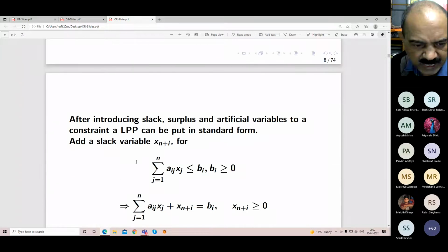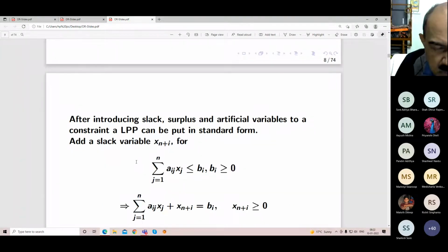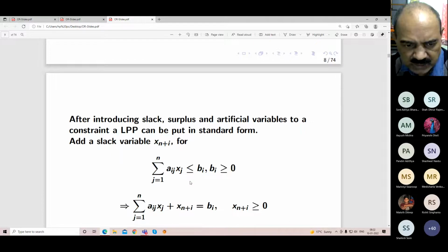Here, whenever there is an inequation, see this is an inequation: summation over j varies from 1 to n, aij xj less than or equal to bi, and bi is non-negative. This inequation is known as a type 1 inequation.